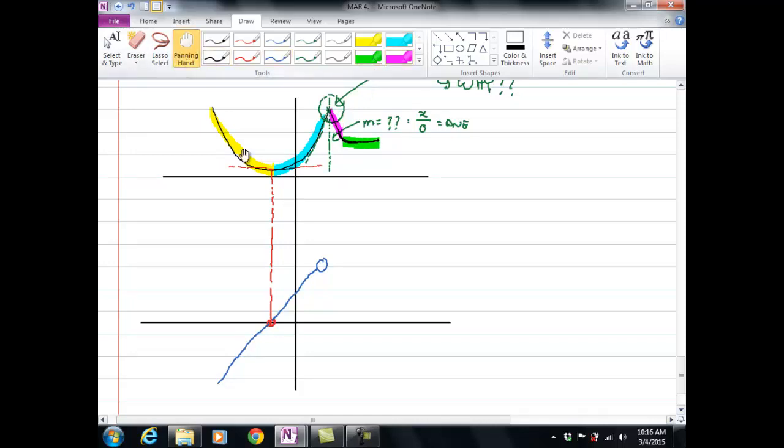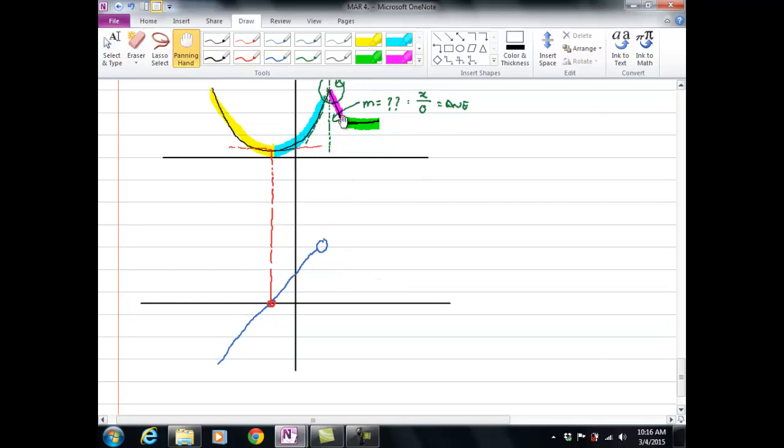Really, there's two parts to this. The green piece is going to be a simple 0. So we'll draw the line at 0 right here.